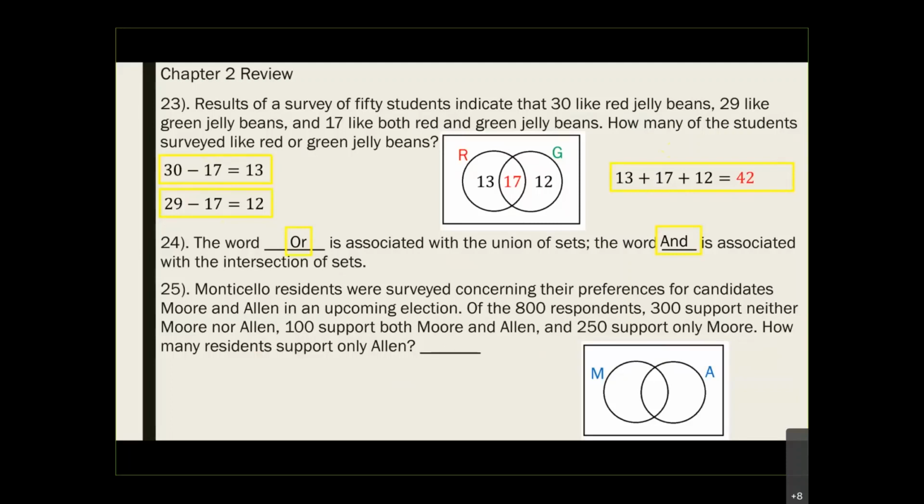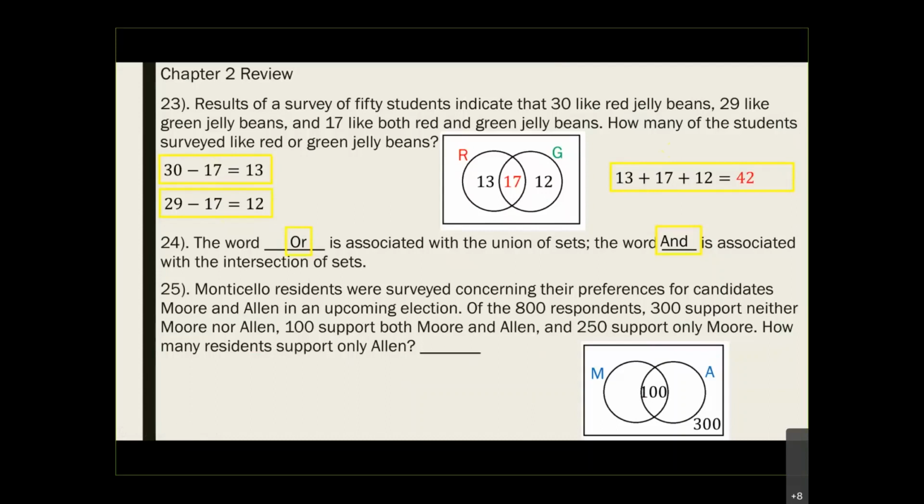Do you agree that the 300 support neither one, meaning the 300 is on the outside, right? 300 doesn't support anyone, which is neither one, so it's on the outside. And 100 support both of them, so those are the two numbers that we have.